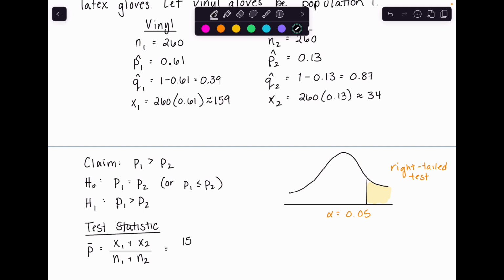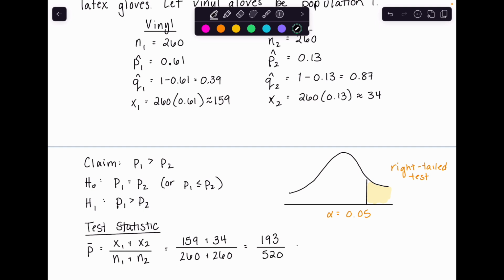X1 we found to be 159. X2 we found to be 34. And it happened to be both of these have the same sample size, which is 260. So this gives us 193 out of 520.